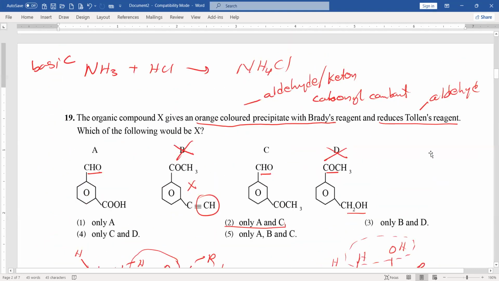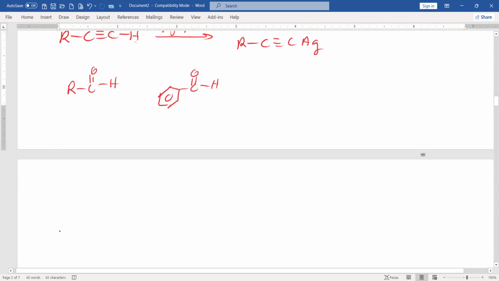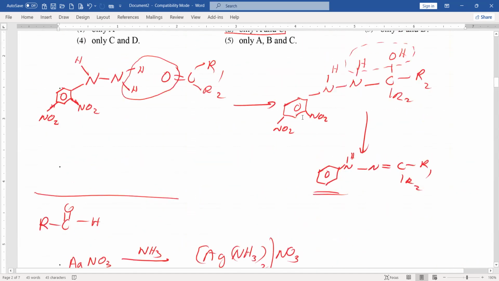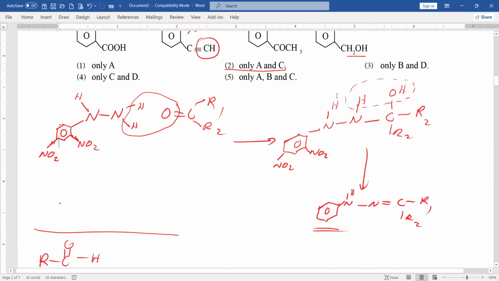We call that the Fehling's test. In that case, Fehling's will react only with aliphatic but not with aromatic aldehydes. So you may go through the notes and refresh your knowledge. Okay. So in this case, the answer is only A and C.